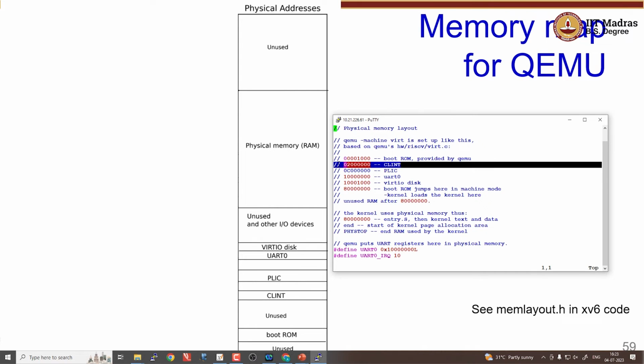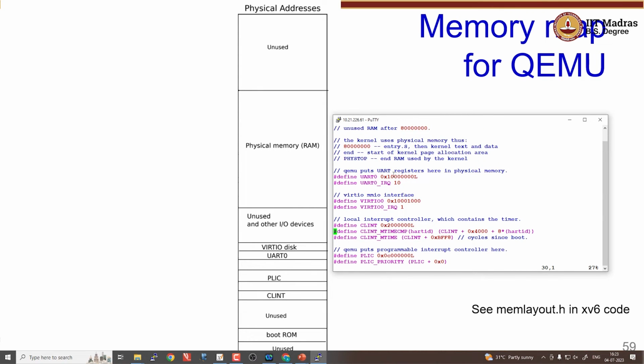Now, besides this, you have one more thing known as the clint and the plic, which are related to the interrupt controllers. These are the interrupts which you will be seeing later on. Now, if I go down into this file, I see there are various hash defines that define these various peripherals.